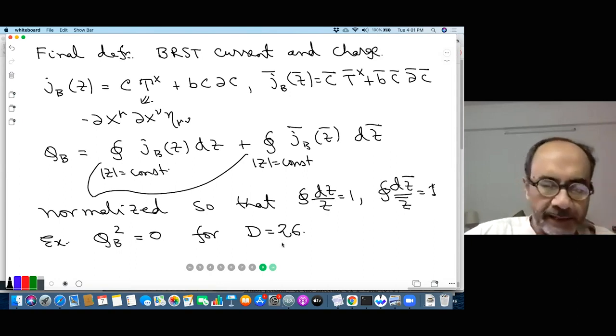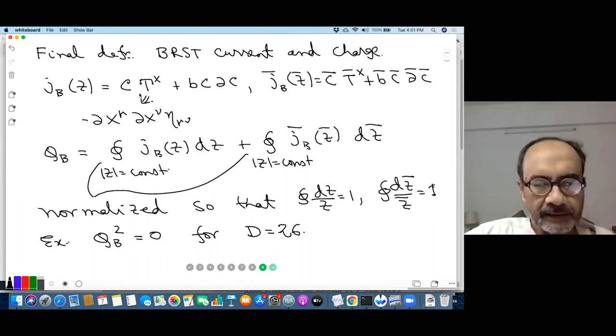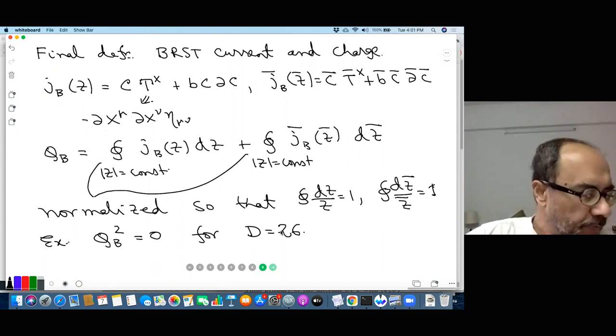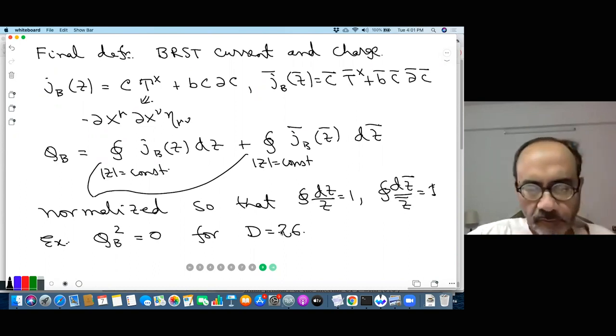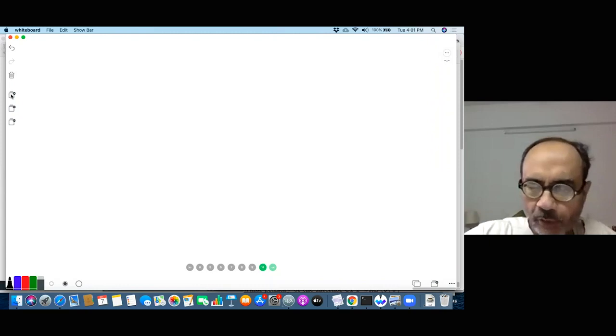Of course, it's not unrelated. It's related to the fact that the total energy momentum tensor becomes primary precisely in d equal to 26. Okay, so now we are going back to string theory.